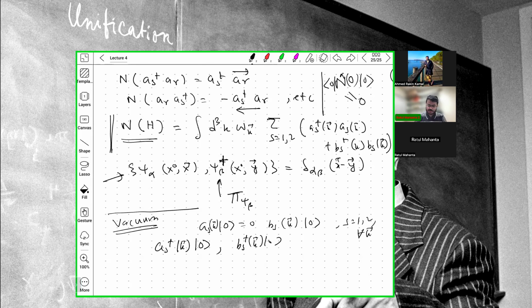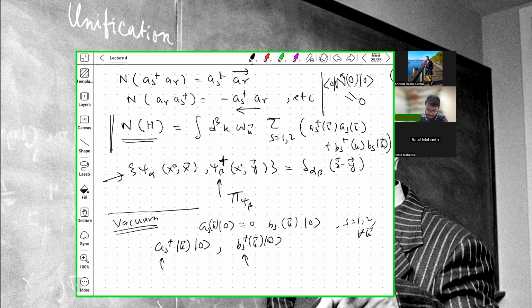So these we will be calling fermion, and this the anti-fermion. Although now it is not clear why I am calling it fermion. We could have just said two kinds of fermions. We'll now see that it has Fermi-Dirac statistics, but calling it particle and antiparticle will be clear when I define the charge.